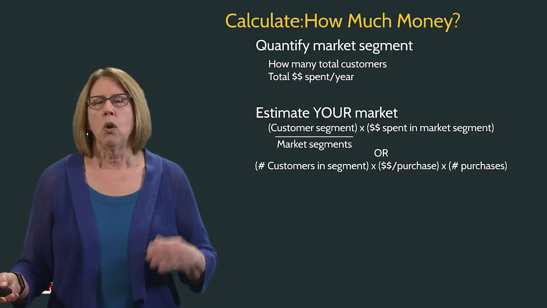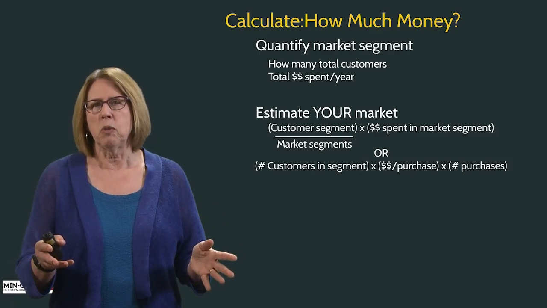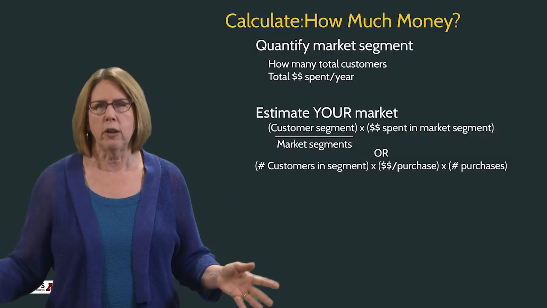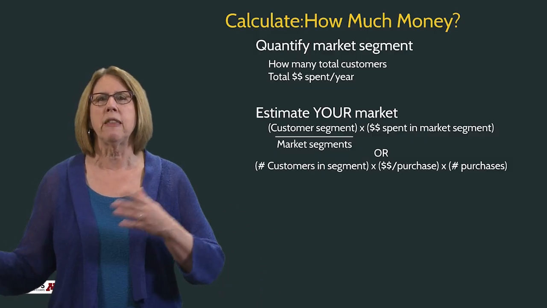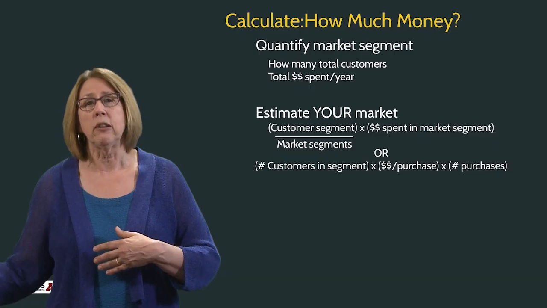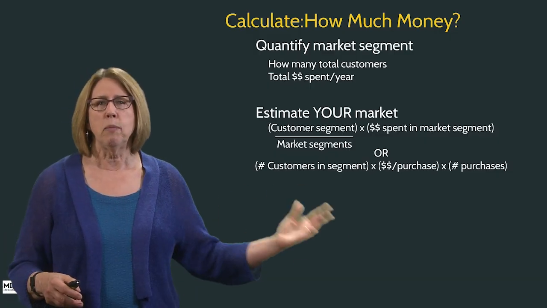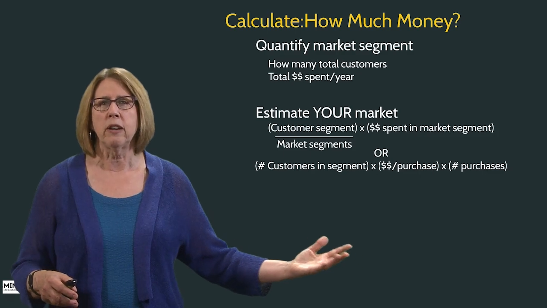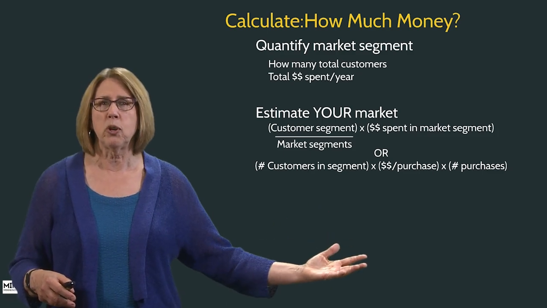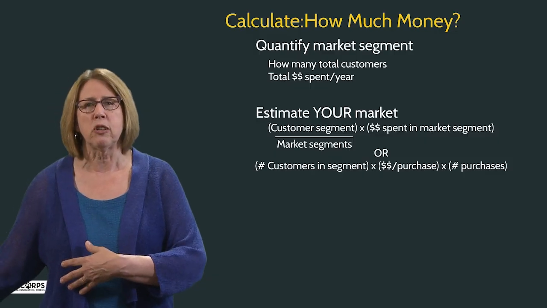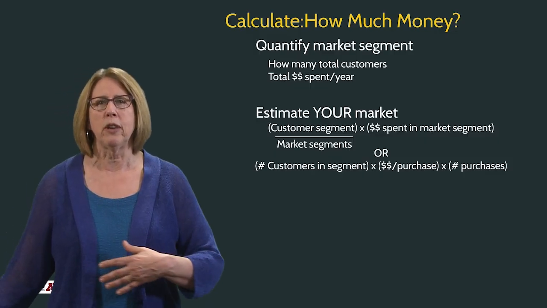You've identified your customer segment, and it might be some proportion of a broader customer segment. And you can multiply that by the dollars spent in that market segment. Or you might simply say, how many customers do I think are out there? How much are they spending per purchase? And therefore, next step is how many purchases are they making? This leads to a total number.